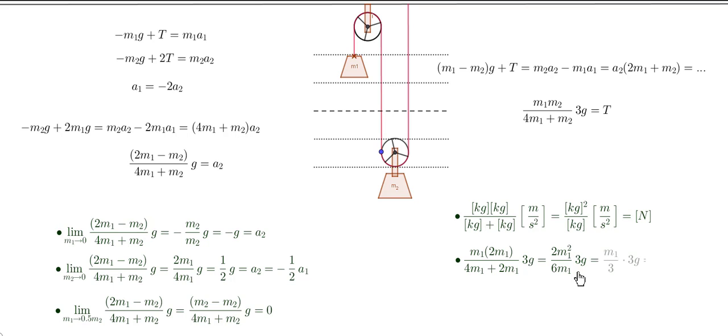Simplifies as m1 over 3 times 3g, which is the same as m1g, which equals T. And that should make sense to you because, again, for this object, there's only one upward force T. And so if you plug in m1g for T, you get minus m1g plus m1g equals 0, the static case.